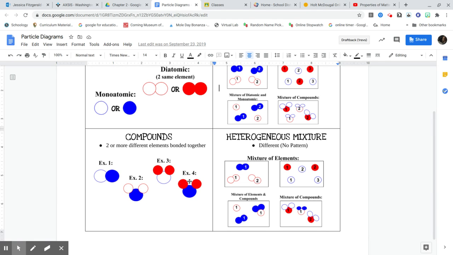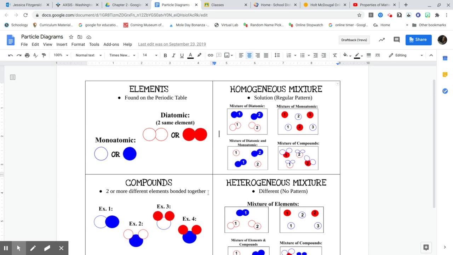And then we have two that are solid, and then we have the solid blue that's a different element. So again, examples 2, 3, and 4 are also compounds, but instead of having a 1-to-1 ratio like example 1, it's 2-to-1.